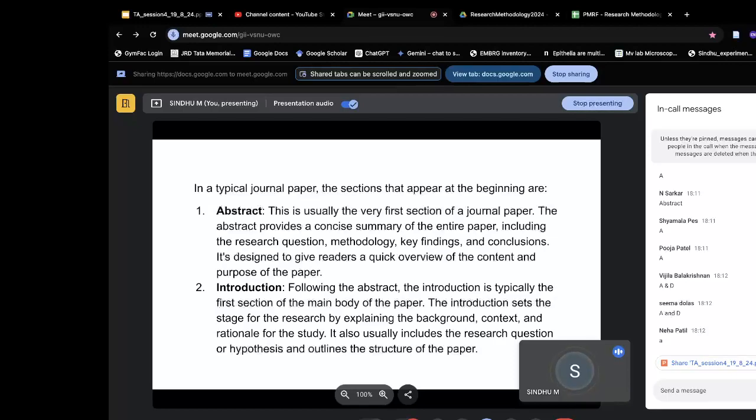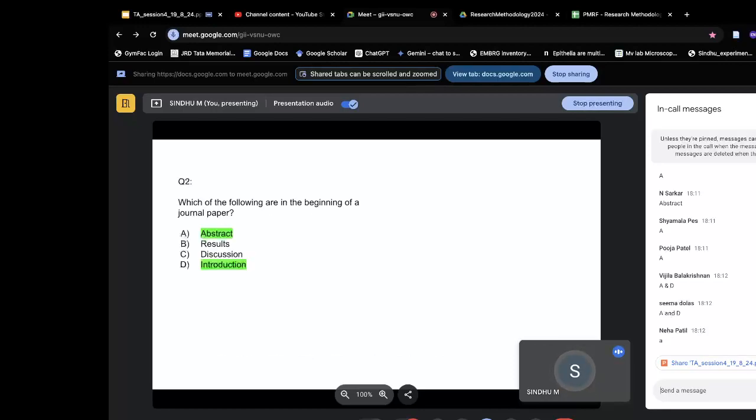And immediately after the abstract, the paper will start with the introduction. So the correct answer is abstract and introduction, option A and option D. If they are asking for the very first section, then just abstract would be correct. But the question is in general, beginning means the introduction of the paper would still be the beginning of the paper.